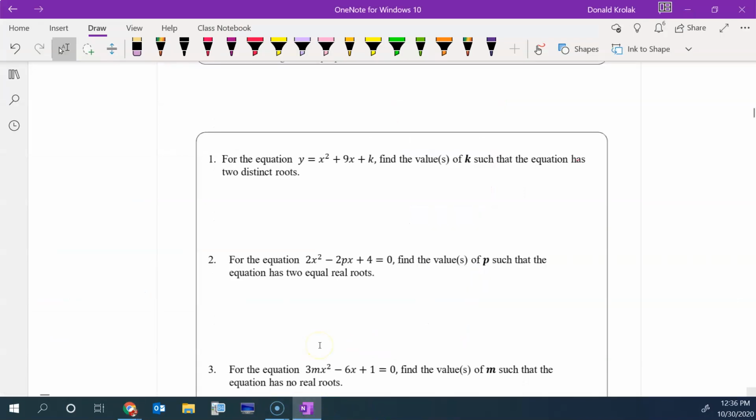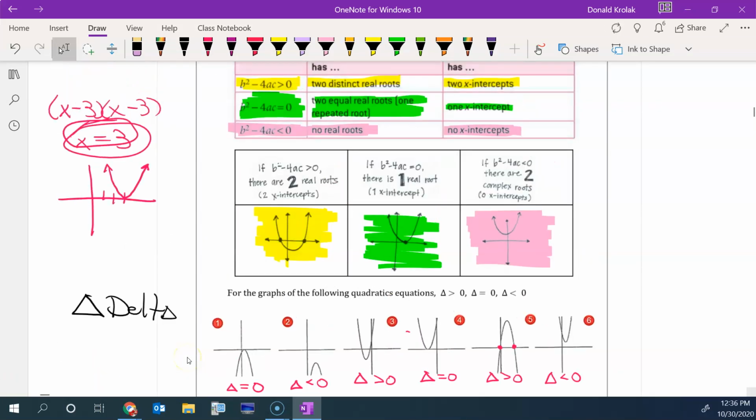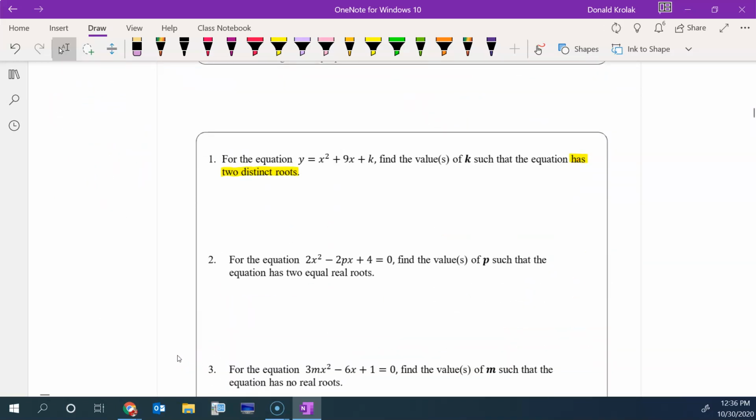Okay, so the first step, you want to figure out what kind of discriminant you're looking for. So we're looking for a discriminant that has 2 distinct roots. So that means the discriminant is going to be positive. Okay, so I set this up as b squared minus 4ac is greater than 0. And now I plug in my numbers.